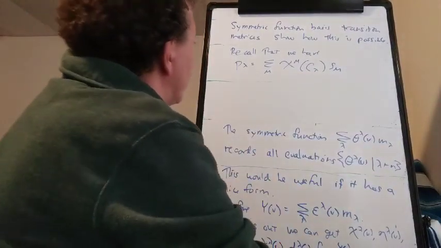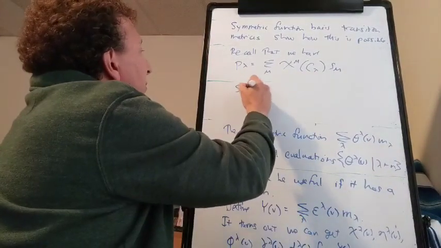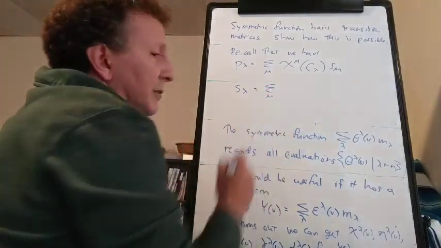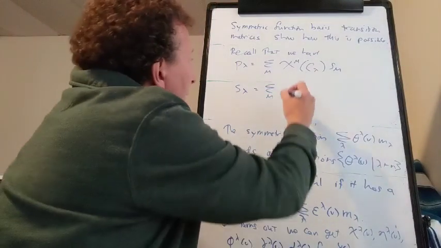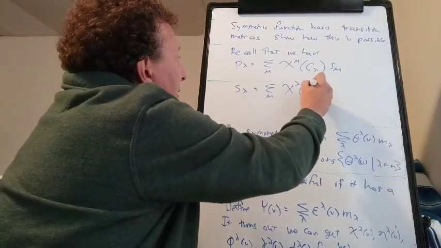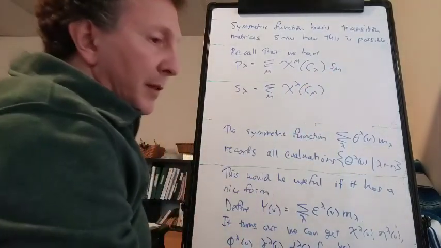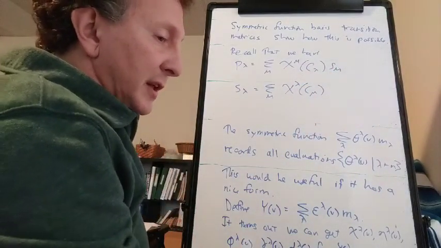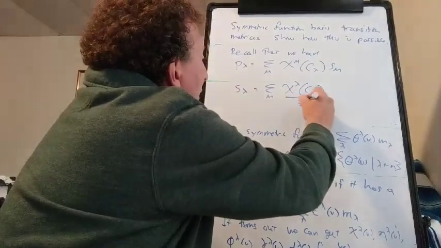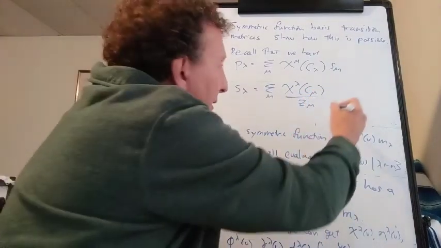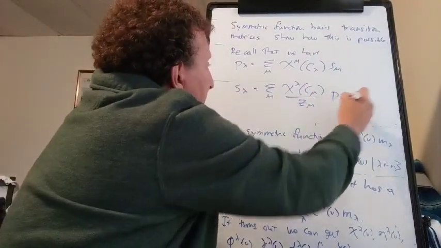And actually the inverse of this formula is almost the same. s lambda is a sum over mu of chi lambda of anything in the mu cycle type conjugacy class, all over z mu, times p mu.